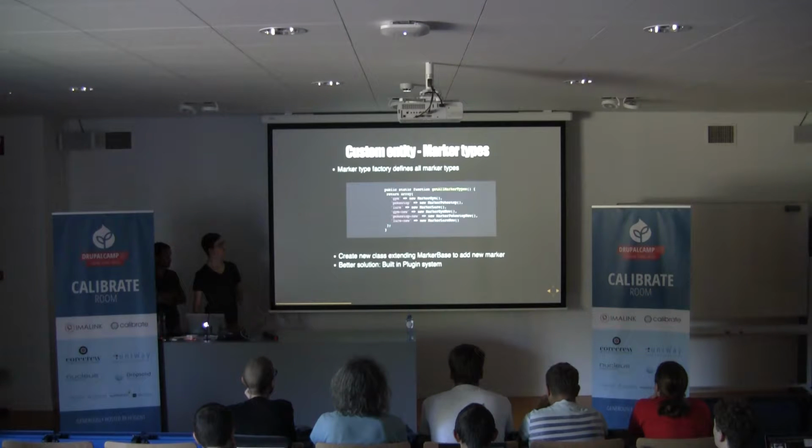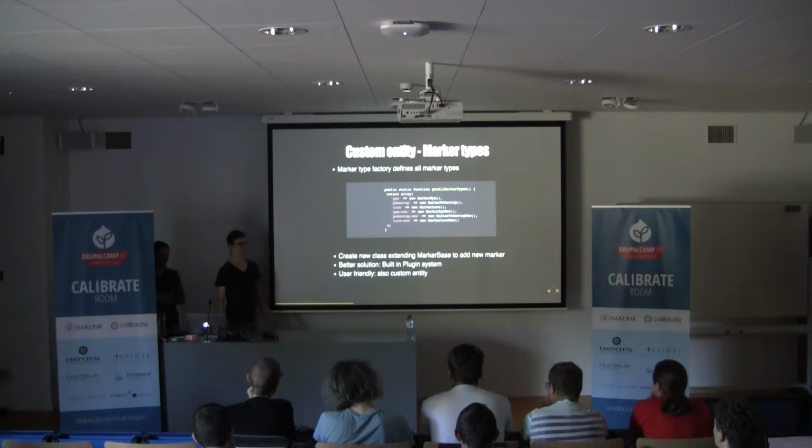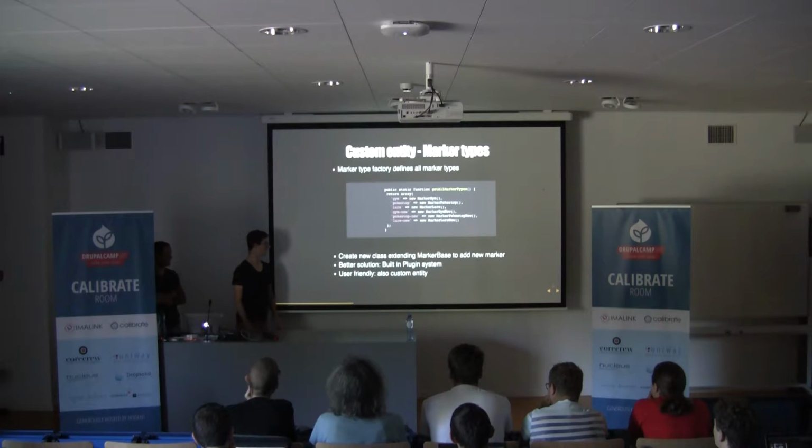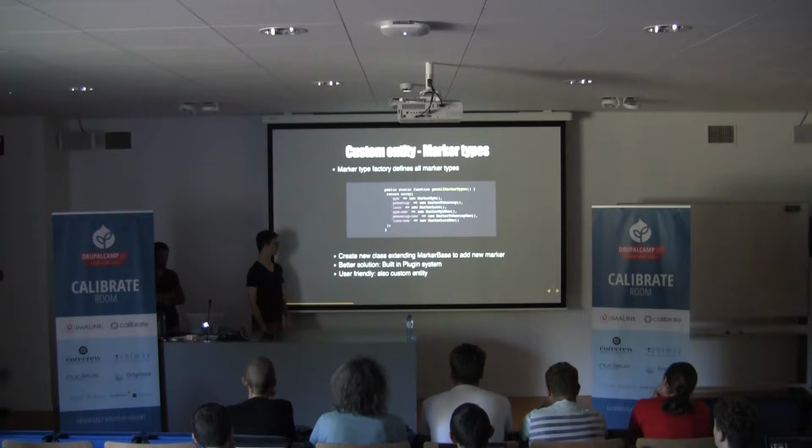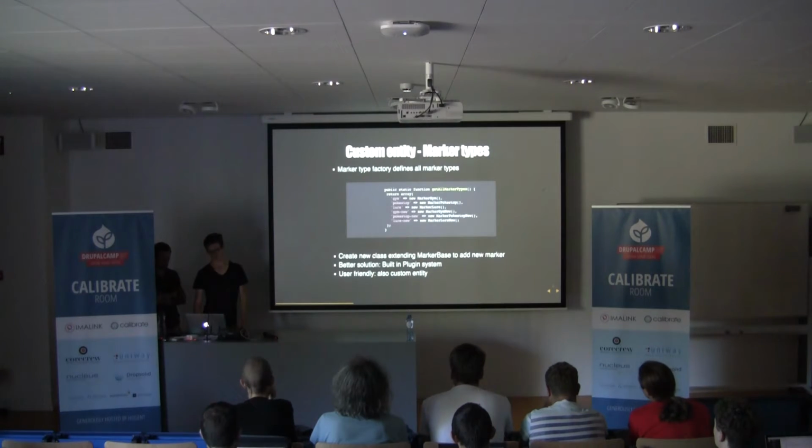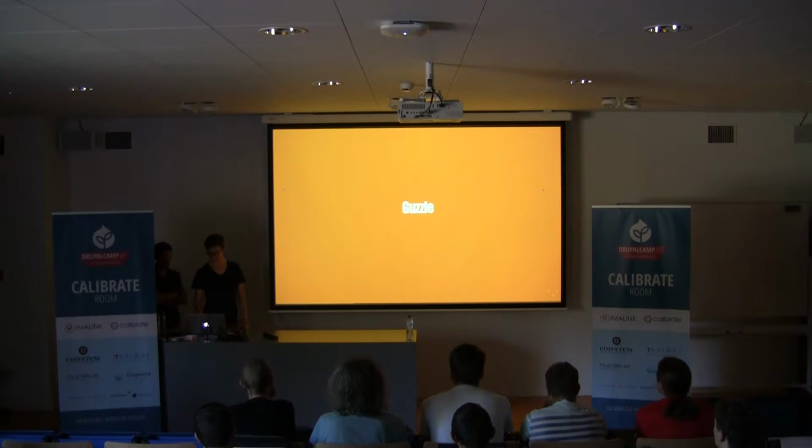So it would be even better if we created a plugin for this, but we didn't. We had to go fast. We only had 3 days. What would be even more user-friendly maybe would be to also create a custom entity for the marker types, but we didn't do that either.